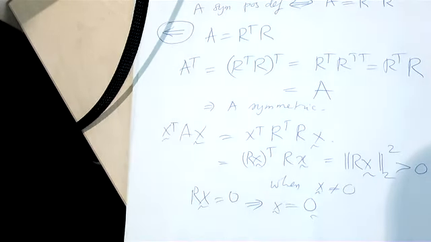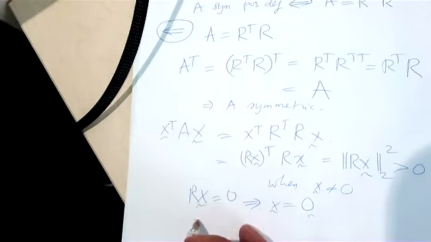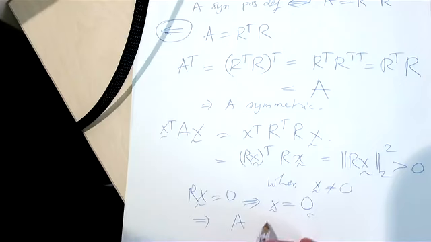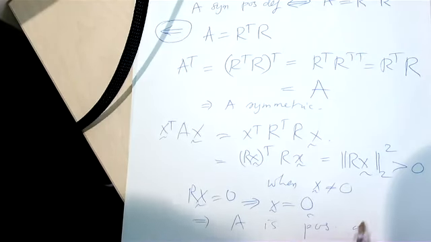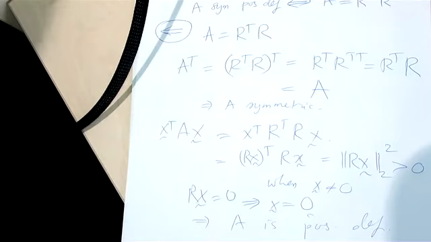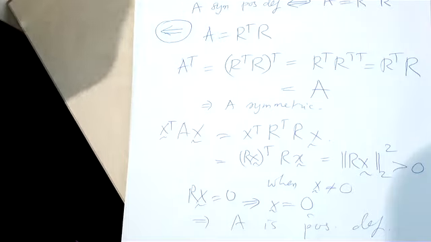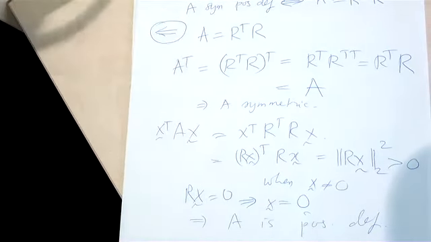So A is positive definite. At least I showed you one direction, which is easy. If you have the Cholesky factorization, then the matrix is positive definite by this argument.